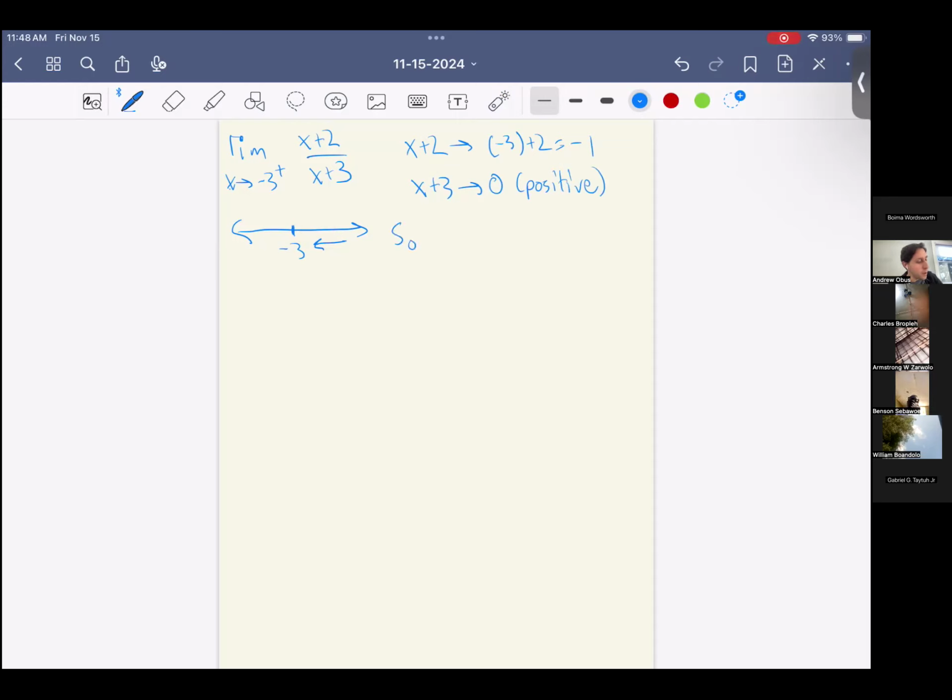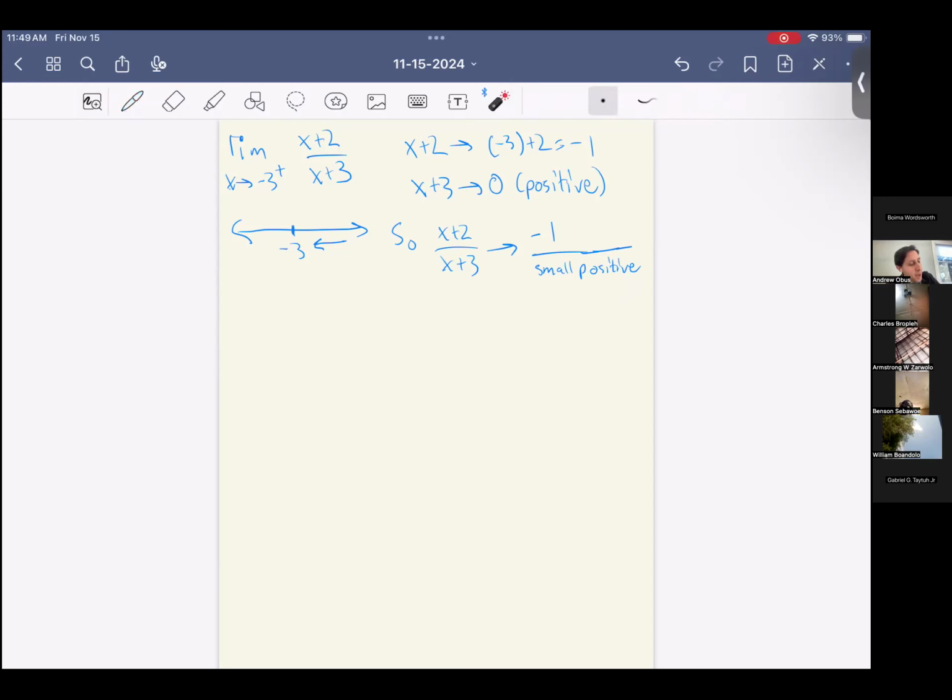So for x plus 2 over x plus 3, it's approaching -1 over, well, x plus 3 is approaching 0. So when you get close to -3, what you have is a very small positive number.